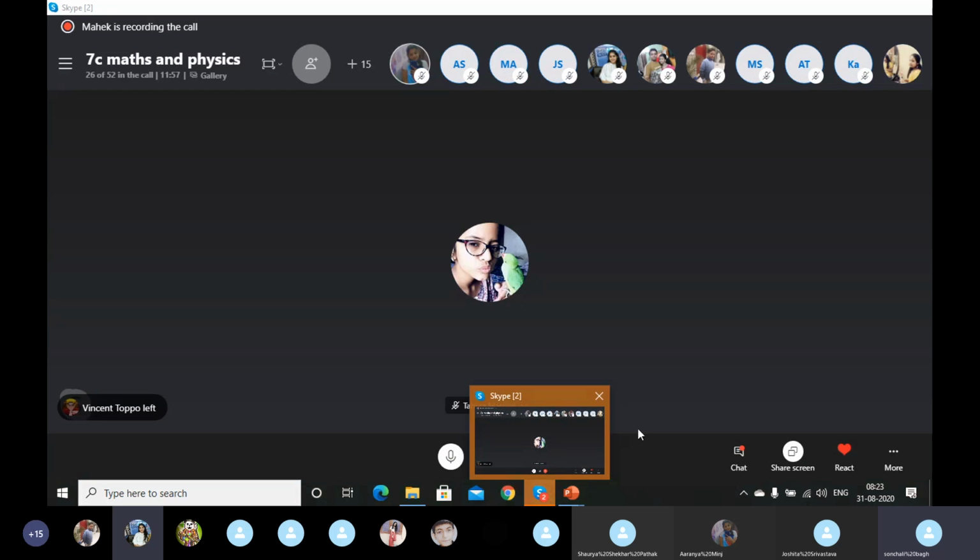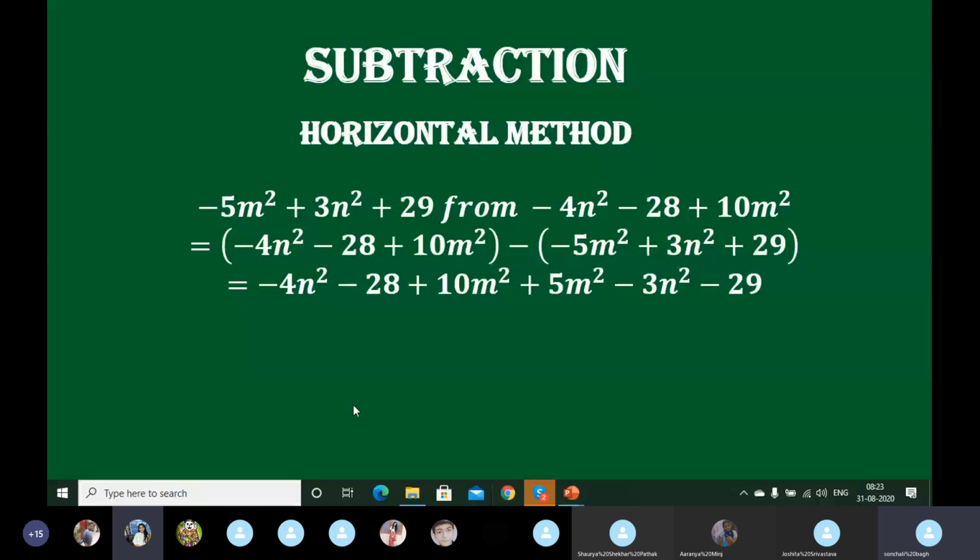Come on, try. Start with the alphabets in the alphabetical order, it will be convenient for you. So take it 10m square plus 5m square, first set.